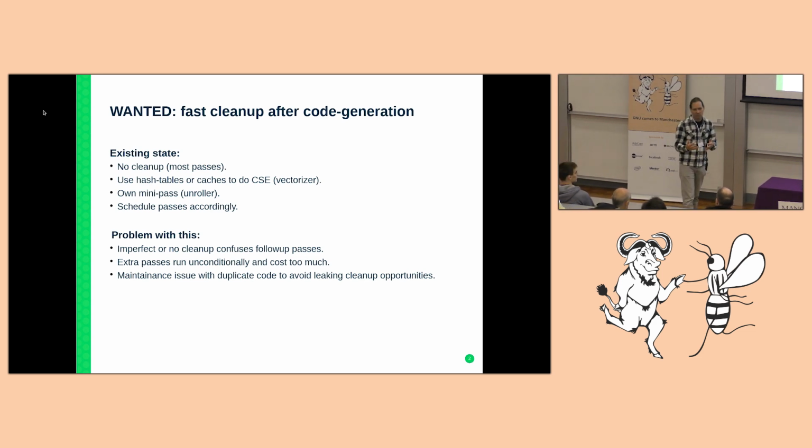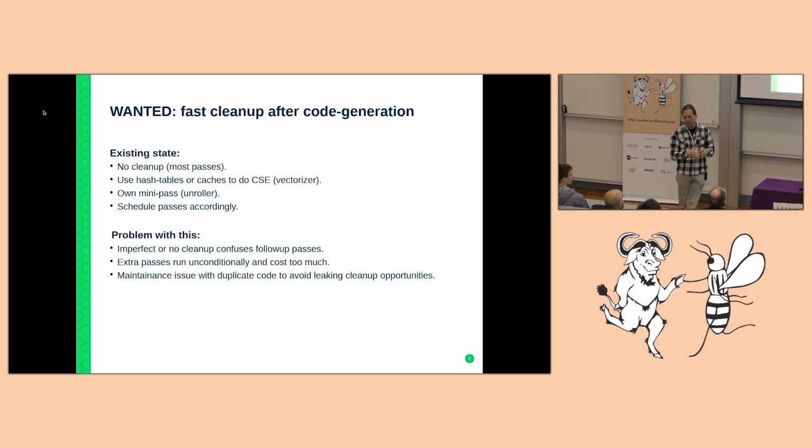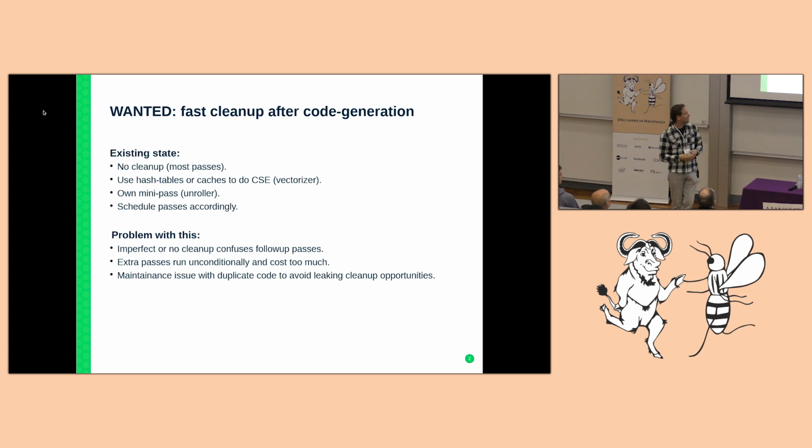Then there are various attempts to improve code generation to not cause any cleanup requirements. The vectorizer has some hash tables to do some very poor man's CSE when it generates expressions. This is actually able to remove about half of the induction variables it otherwise would create.